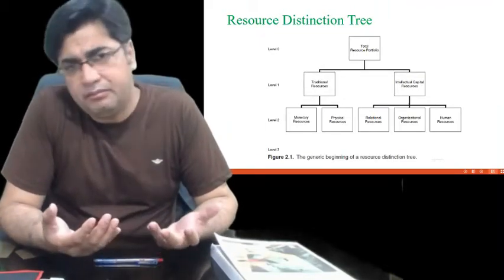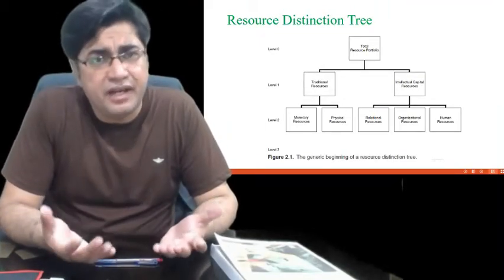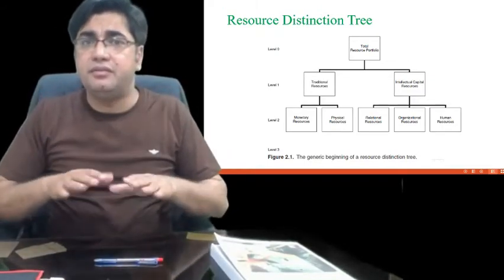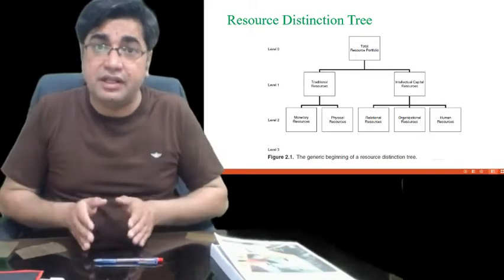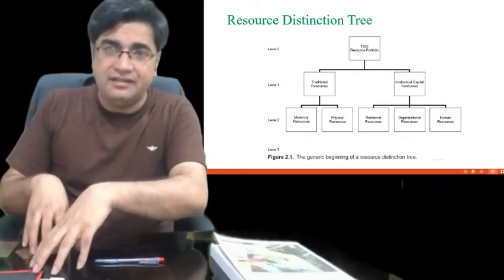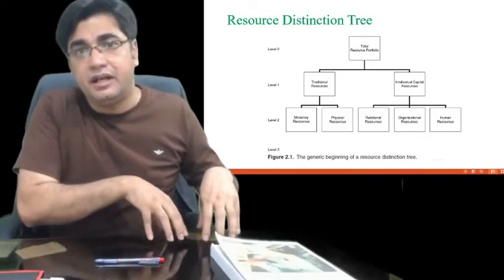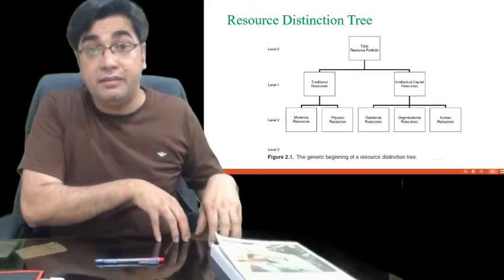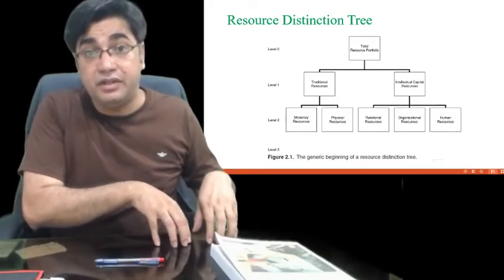Normally, maybe the organization gives value to it, sometimes they do, sometimes they don't. But once you document it in the resource distinction tree, you'll realize, oh, these employees, these departments have a very good working relationship with my party, or maybe the customer with whom I'm working.